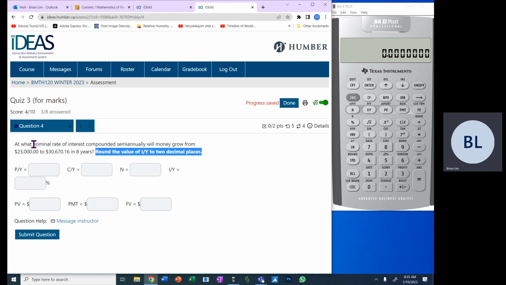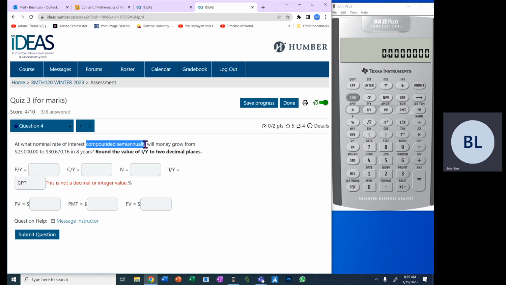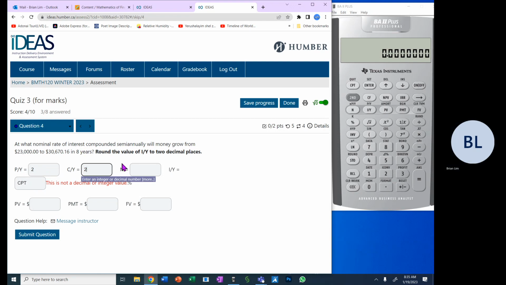So we want the nominal rate of interest compounded semi-annually. We're trying to compute the nominal rate of interest, which would be I/Y, and it's compounded semi-annually, so it means that P/Y is 2, and so will C/Y.